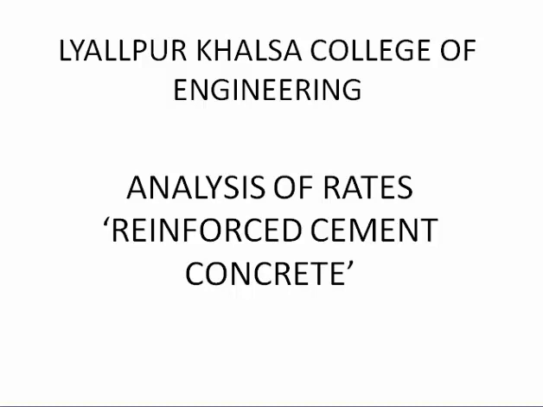Now, students, talking about the analysis of this reinforced cement concrete item, it involves the analysis in various different parts, comprising the analysis of rates for the materials, which includes your steel or the reinforcement bars, binding wires, etc., along with the various ingredients as we have discussed in the cement concrete works.